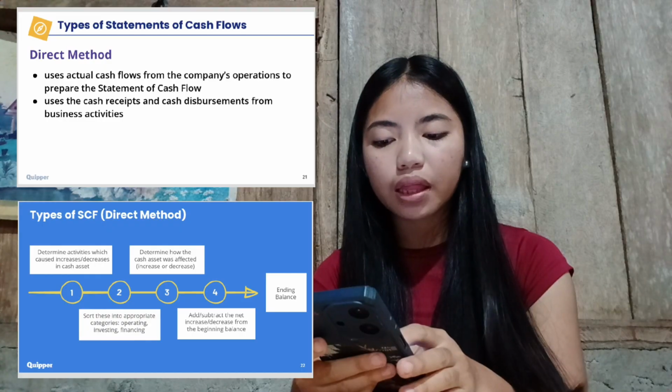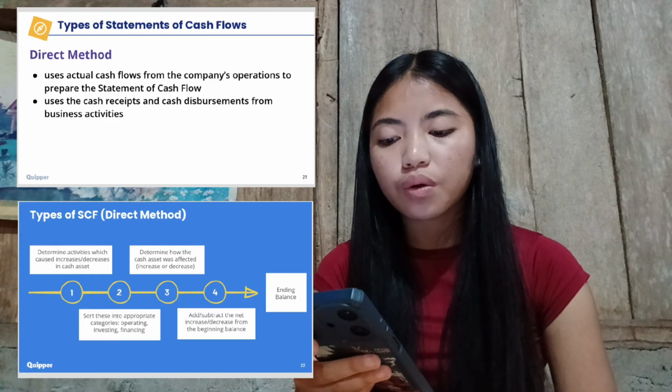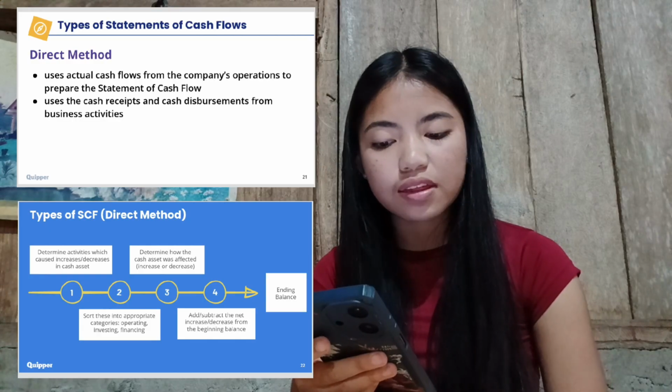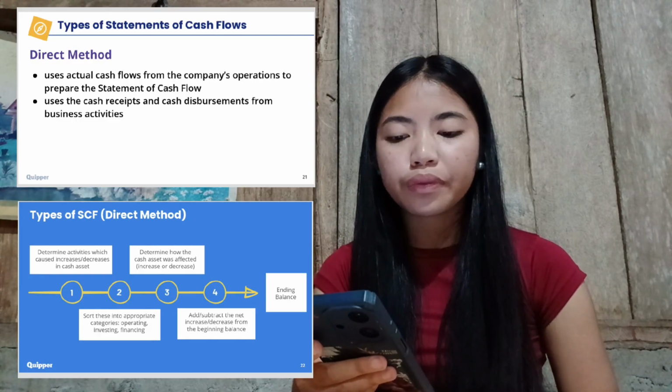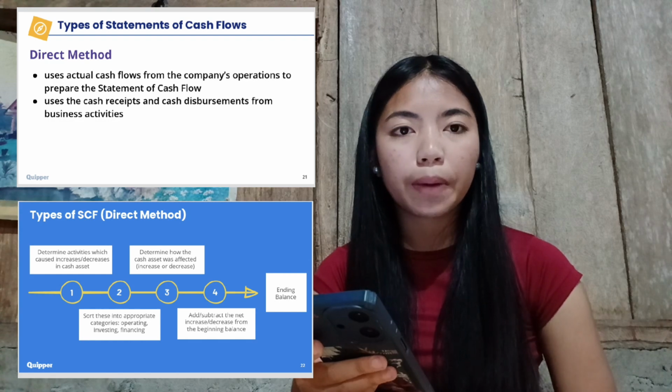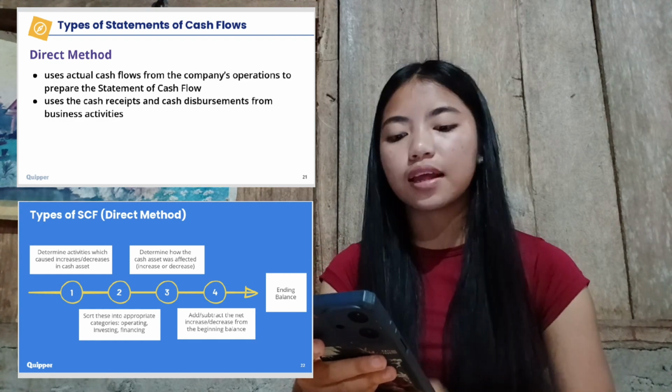So in the direct method, first you have to determine activities which cause increases or decreases in cash assets. You first determine which activities increased or decreased your cash asset.